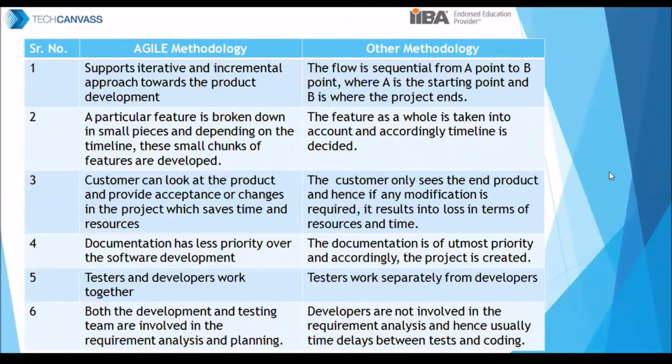Now the last point is both development and testing team are involved in requirement analysis and design. So what happens? Testing and development team sit together with the product management team, or a particular product manager who is handling that feature, and they plan.